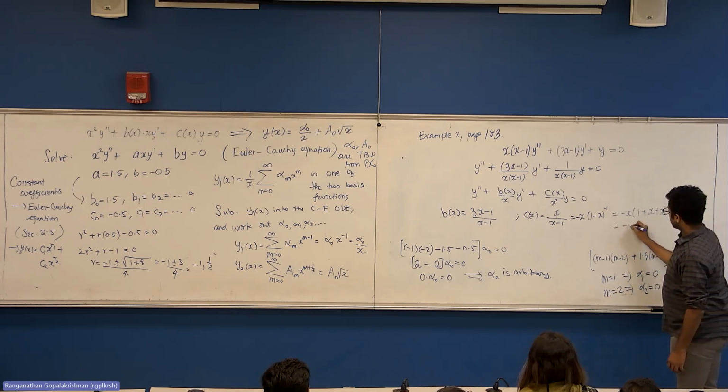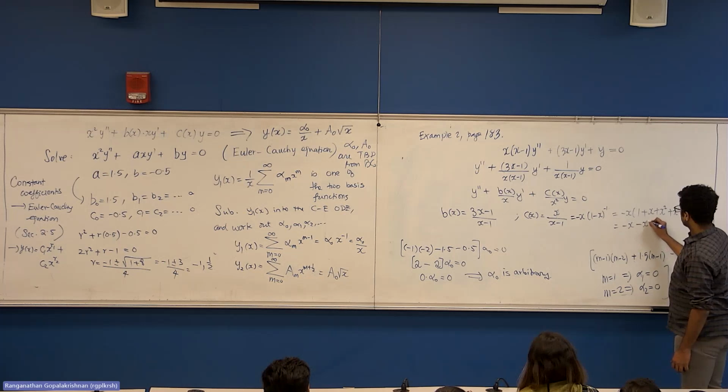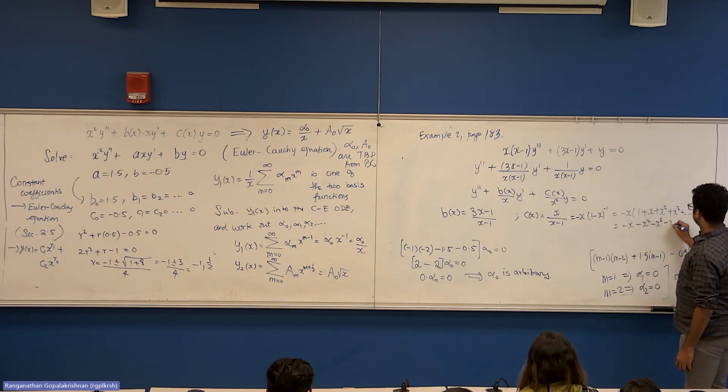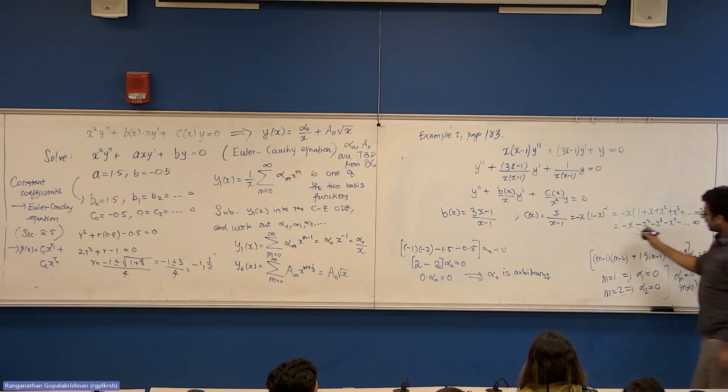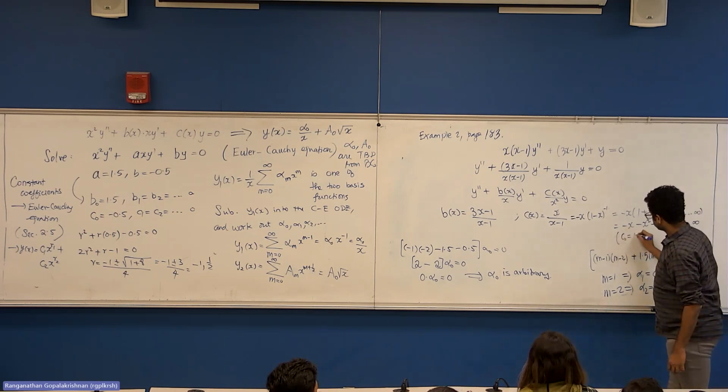Or this is minus x minus x squared minus x cubed minus x to the 4 and so on. Which begs the question, what is c naught? c naught is 0.